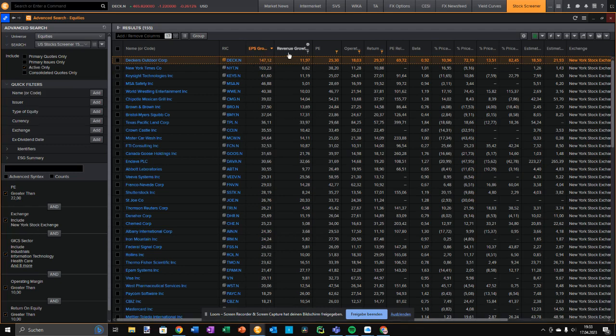Then you have the revenue growth. Revenue is all the money the company makes, not just the profit. The revenue should also be growing, not just the EPS.